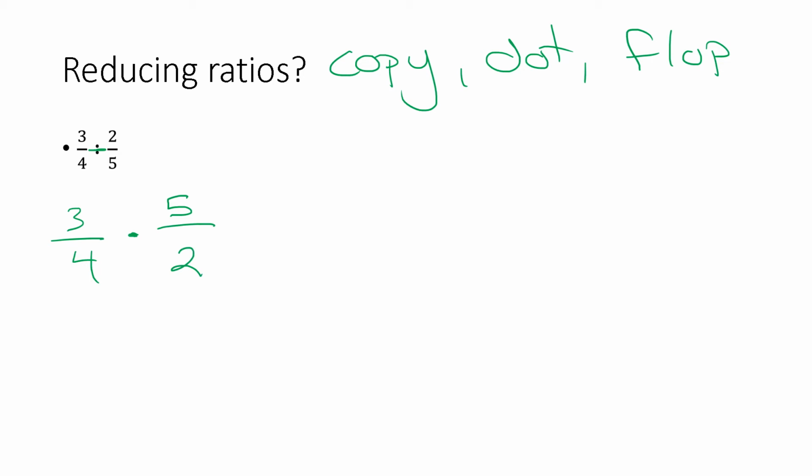So now instead of 2/5, we have 5 over 2. Now we multiply. 3 times 5 is 15. 4 times 2 is 8. And that's our final answer. That's our reduced ratio. So now instead of 3/4 to 2/5, we have 15 to 8.